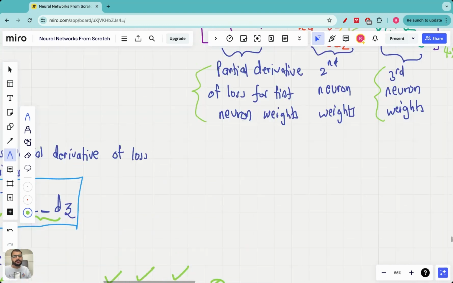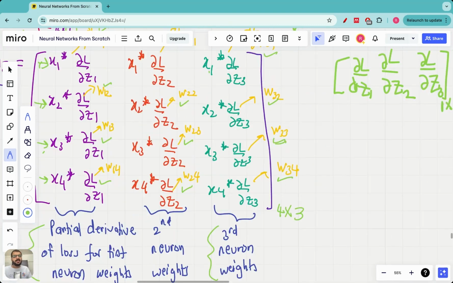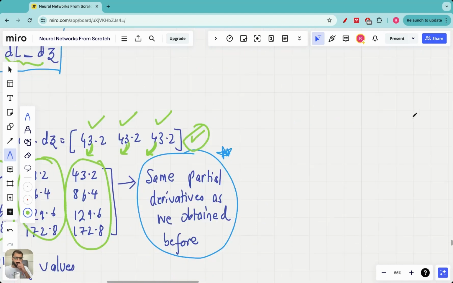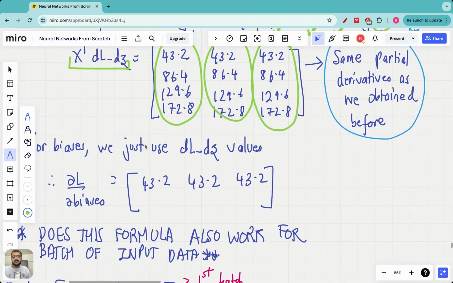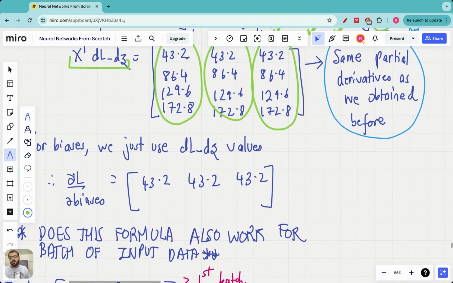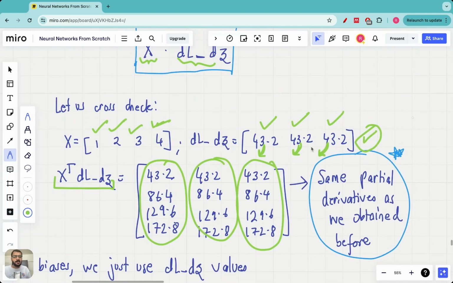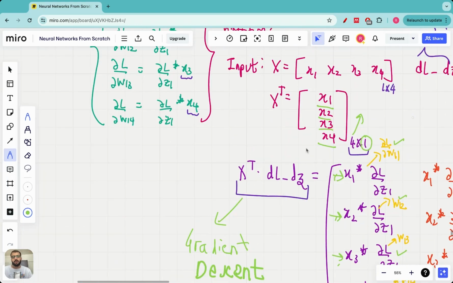Now let's check for the biases. For the biases, we calculated that we just need to use the same DLDZ matrix. So in this case, the partial derivative of loss with respect to bias will just be 43.2, 43.2, and 43.2, because those are the DLDZ values. And let's check it with what we had obtained before.